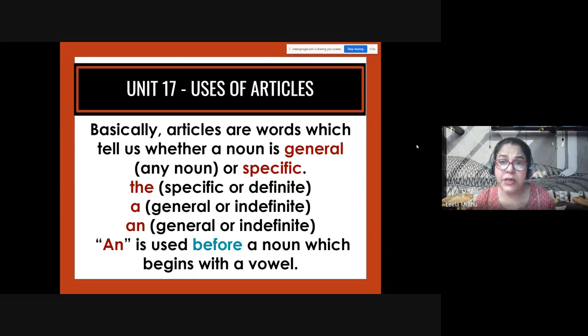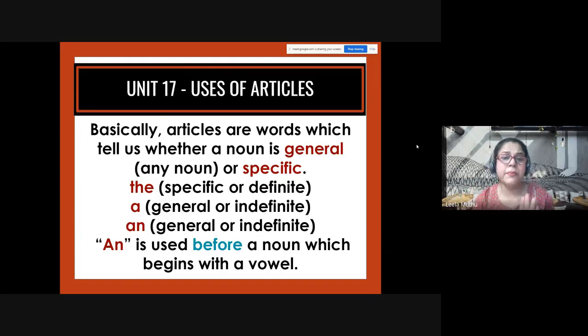Basically, articles, again, repetition: articles are words to tell us whether a noun is general or whether the noun is specific. The is specific and a definite article. A and an are not specific. They are general and indefinite articles.